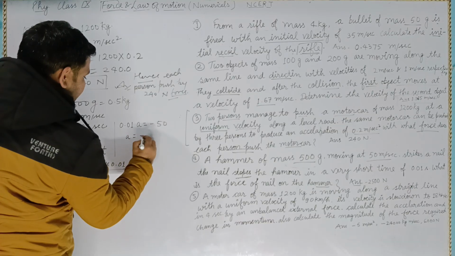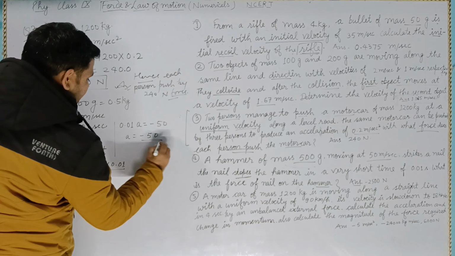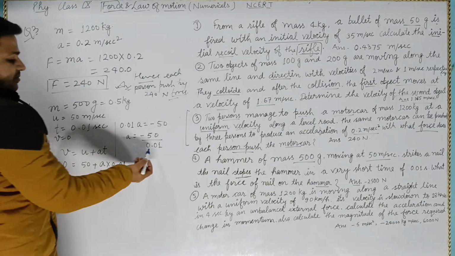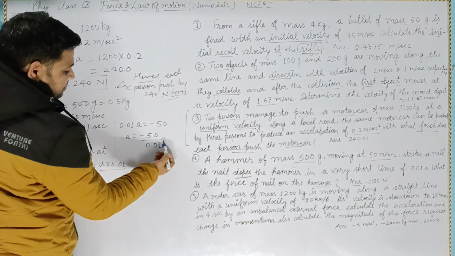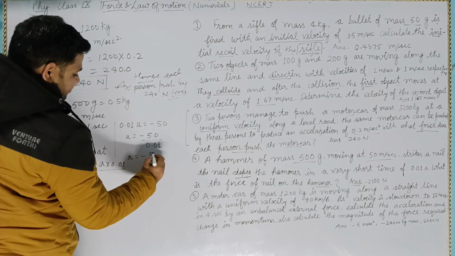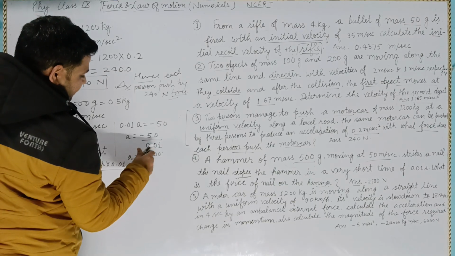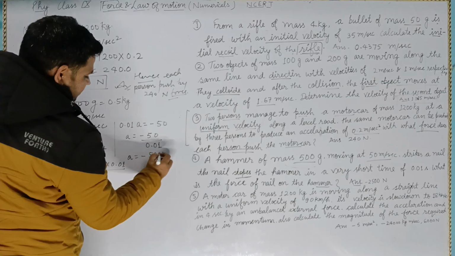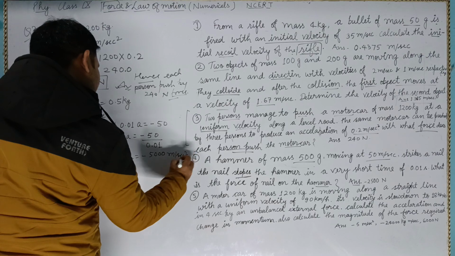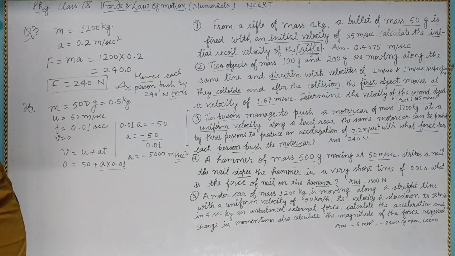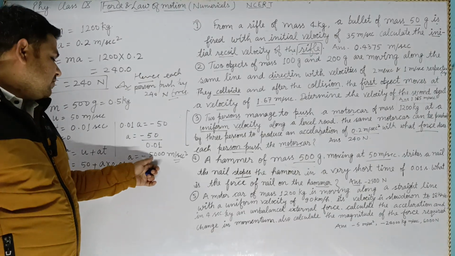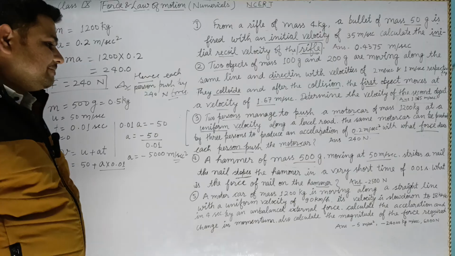A equal to minus 50 upon 0.01. We remove the decimal from two places. A will be minus 5000 meter per second square. The negative acceleration is very high.